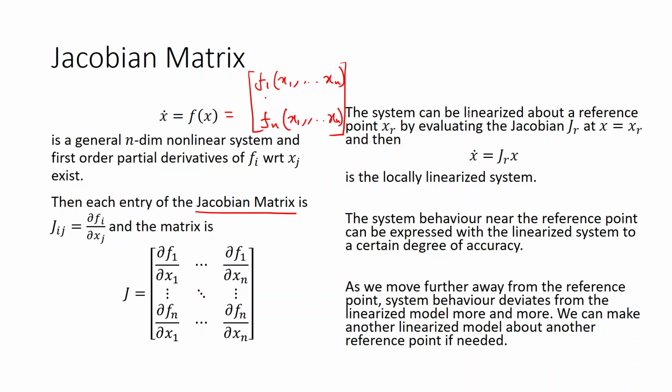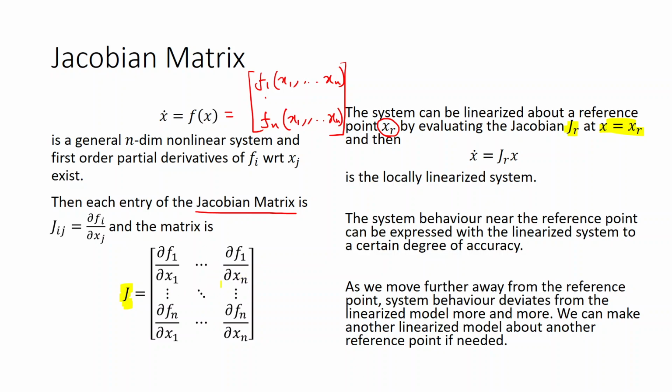Now if the system is to be linearized about a reference point xr, you have to basically evaluate the Jacobian at x equals xr. This Jacobian J is the general Jacobian.